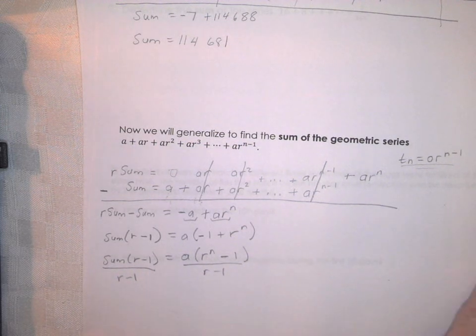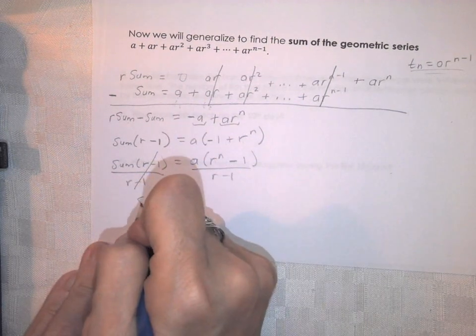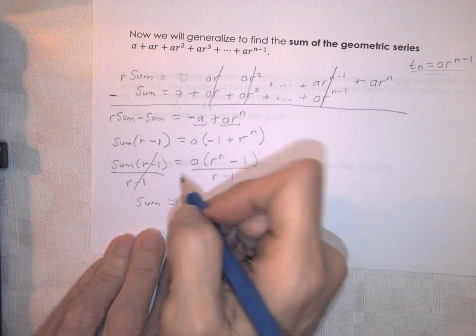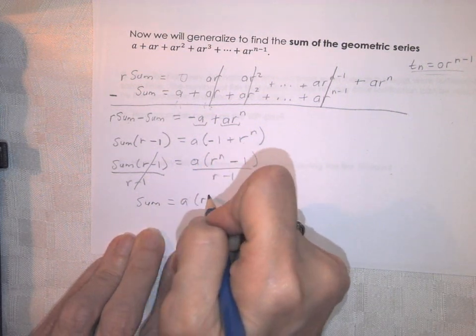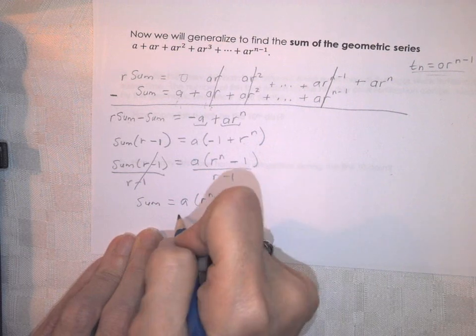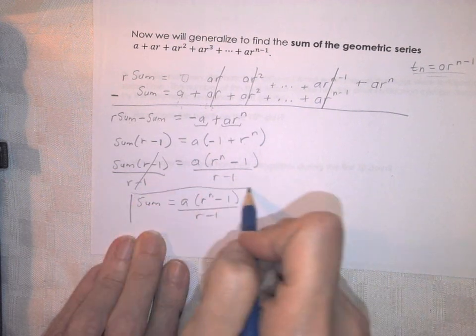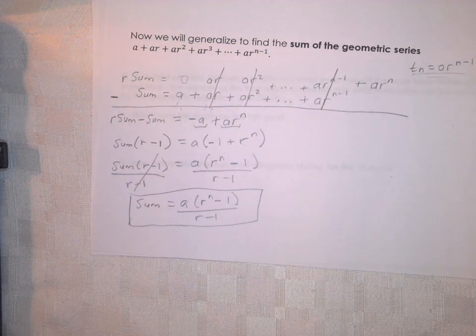And I get that. So those cancel. So the sum for a geometric series is a times r to the n minus 1 over r minus 1. So that's the sum of the first n terms in a geometric series.